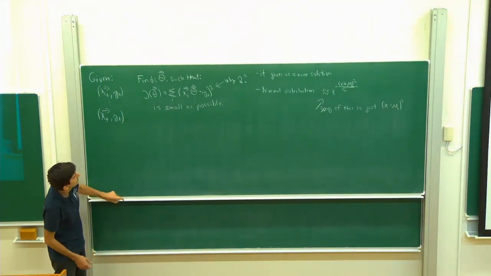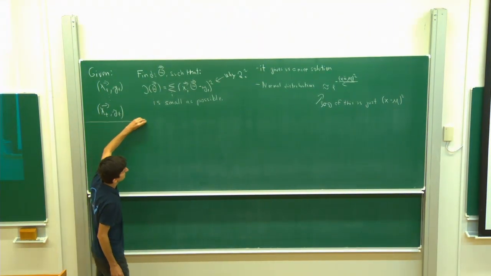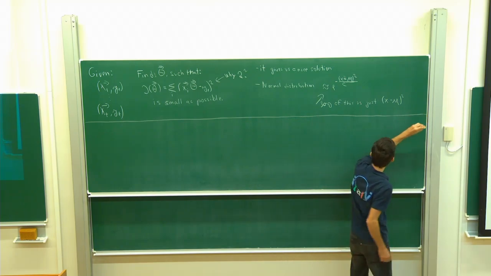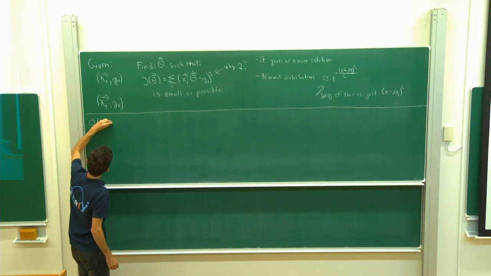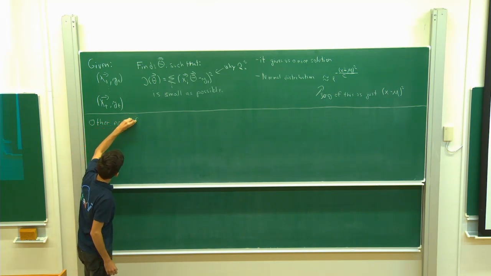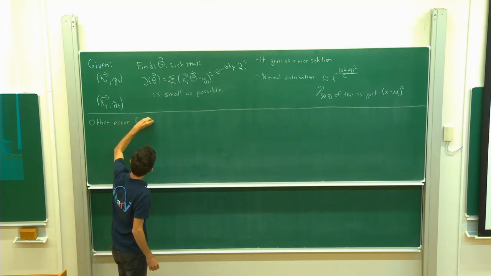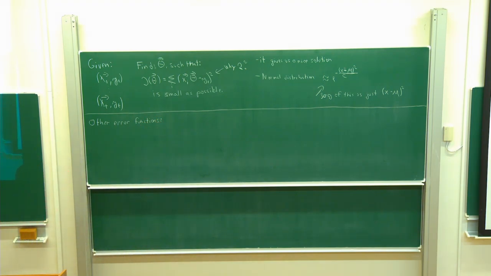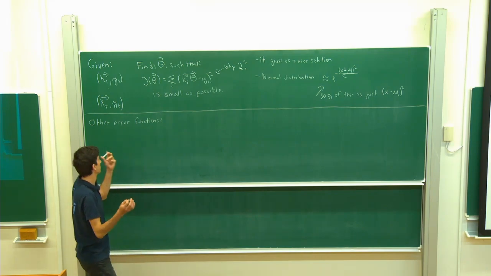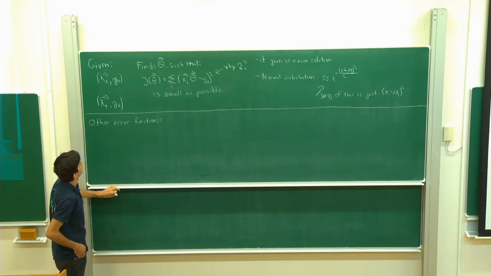And now we'll try to explore other possible error functions. Any idea what error function we can use instead of squaring the difference? Any idea is good. Absolute value, yes.